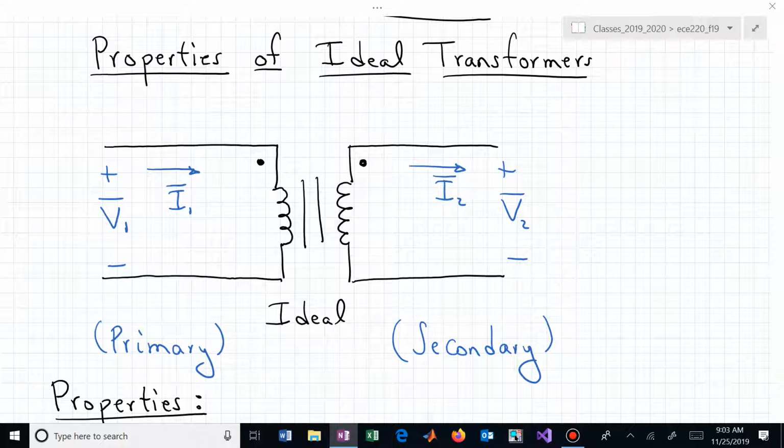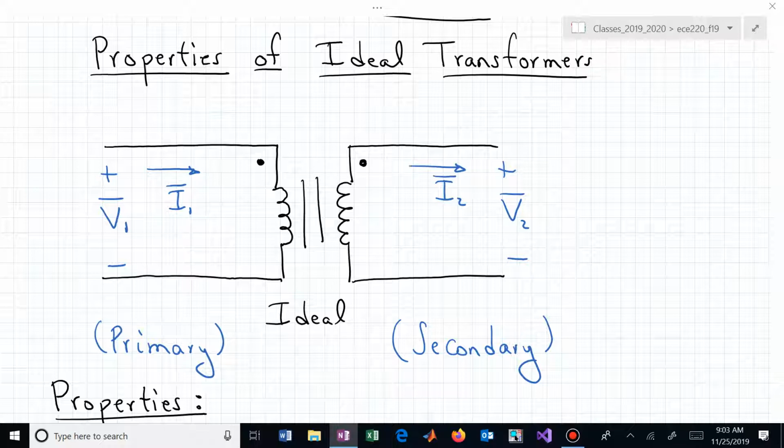We'll try to use the subscript 1 for the primary, the subscript 2 for the secondary, and the orientation of the dots and the currents and the voltages will make a difference when we start looking at these ratios. The ratios won't always be with positive signs. We actually might have negative signs depending on how the currents and voltages are labeled on our ideal transformer.